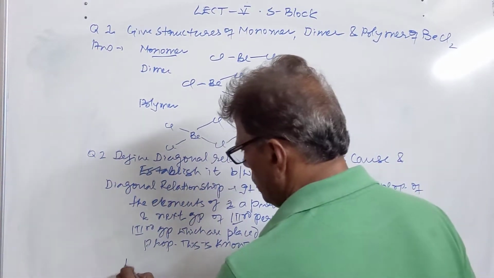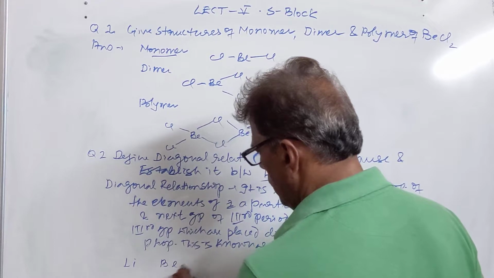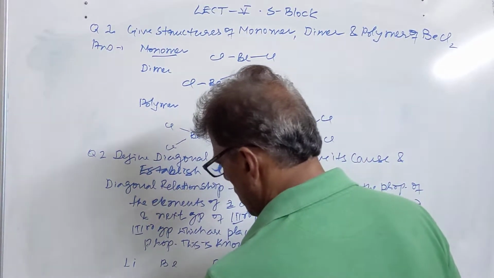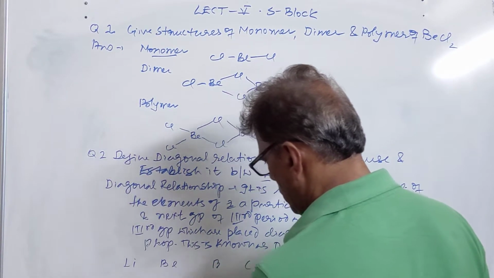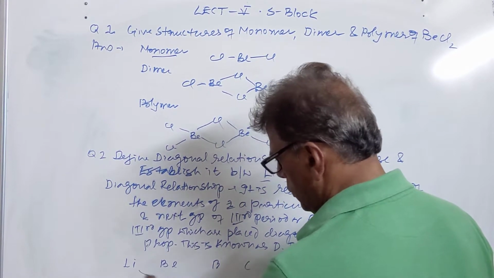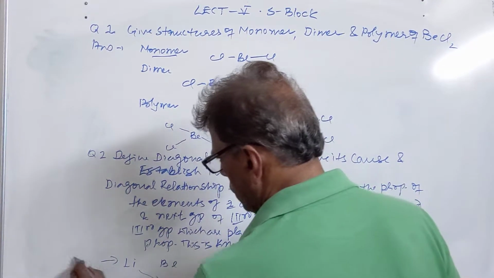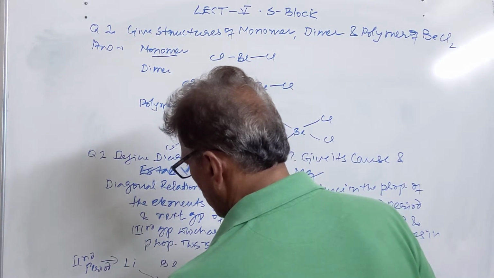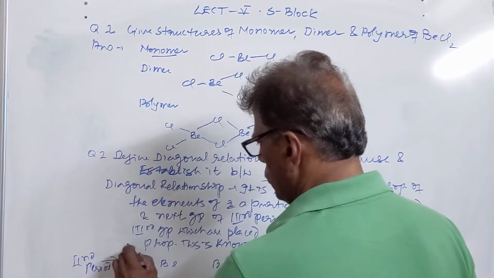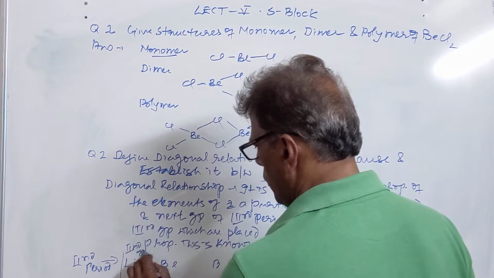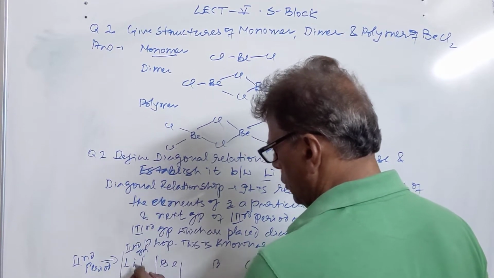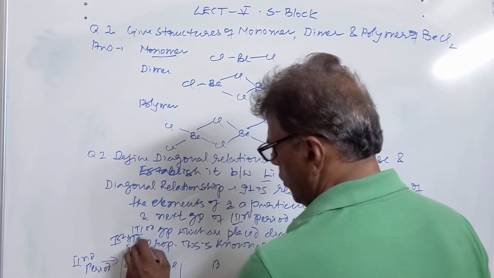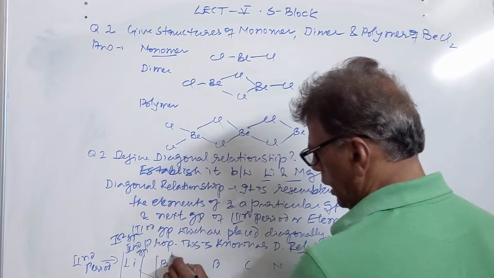So lithium, beryllium, boron, carbon, nitrogen, oxygen, sodium, magnesium, aluminium. These are the elements of the second period, and these are of the third period. This belongs to the second group, this belongs to the third, this belongs to the first group, and this belongs to the second group.